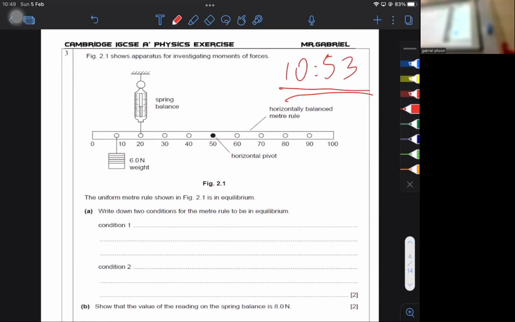Nothing, then this is balanced. When we have the spring balance, the force is acting down. The balance must act downwards.